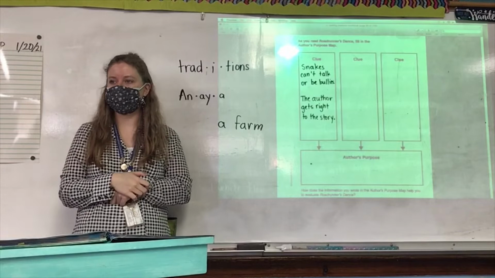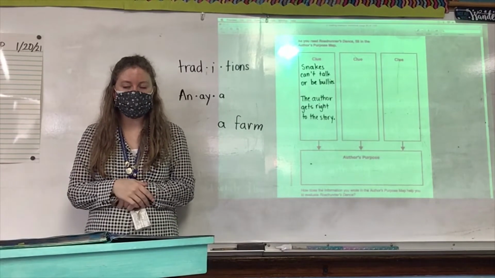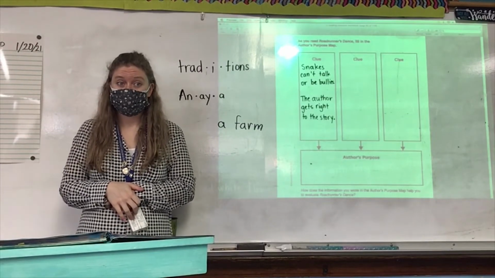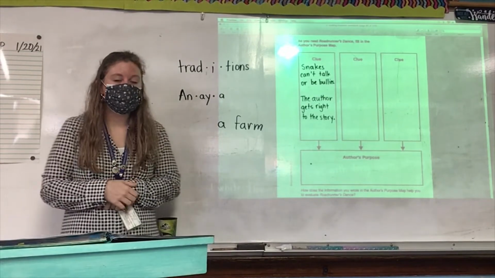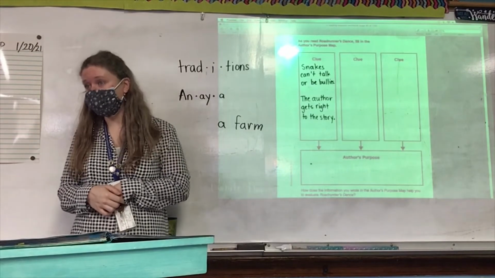Cullen: The snake. And do you think he's going to be the good guy or the bad guy in this story? The bad guy. So we already know the author is getting us right into the story with a snake that talks and is mean.